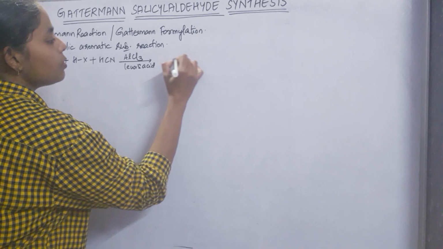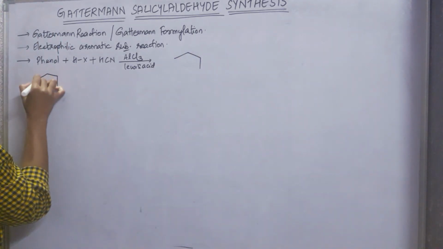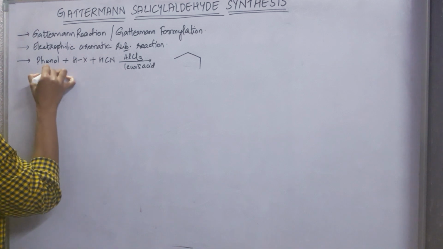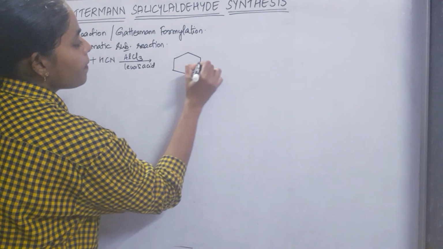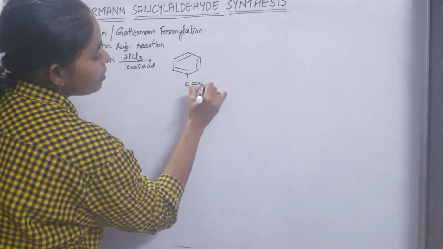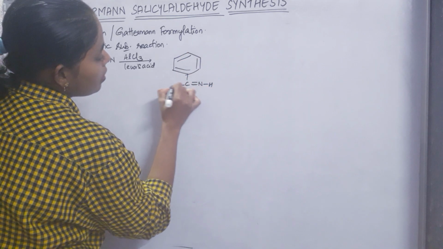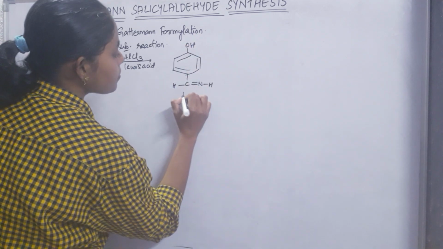First let me draw the phenol. So this is a phenol. Here OH is present, and the imine. So imine is C double bond N, where you'll be getting an H and an H over here, and OH. So this is imine.